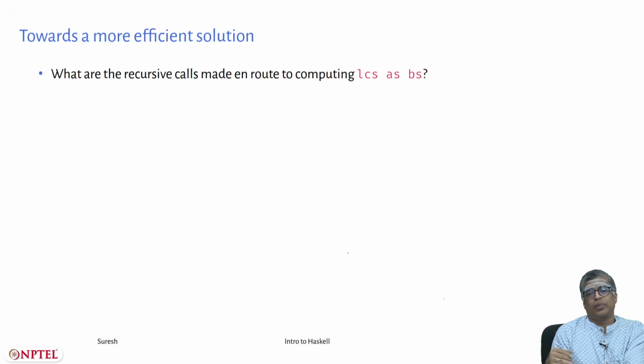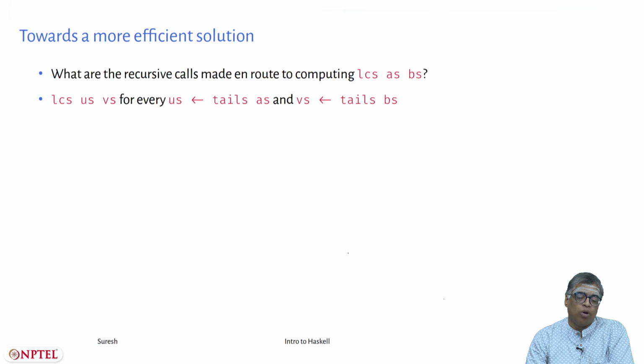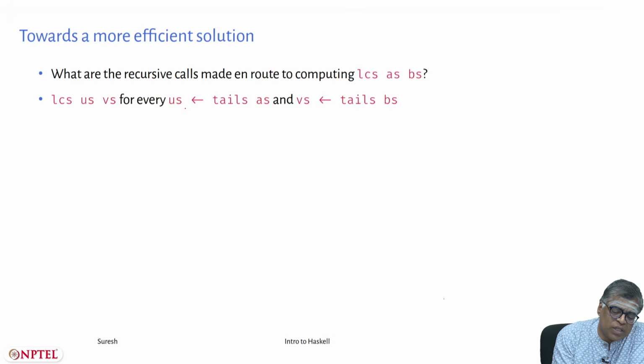Let's get to the improved solution in stages. What are the recursive calls made on the way to computing LCS of A, B? You have LCS of u, v for every u in tails of A and every v in tails of B. What is tails of A? Tails of A is all, so let's just look at an example.